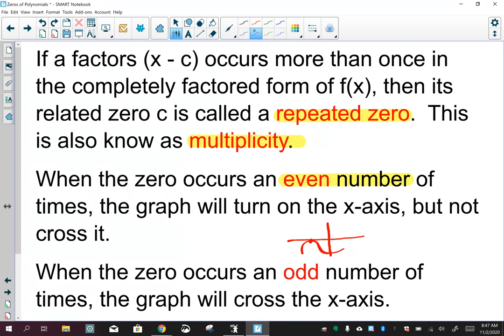So you can have something that looks like this, or you can have something that does this right here. Oh, that's really big. But it comes down and it just sits on the x-axis. So if that ever happens, you have an even multiplicity. That means you have something like x to the 4th, x to the 2nd, x to the 6th. As long as it's an even number, that's what's happening.